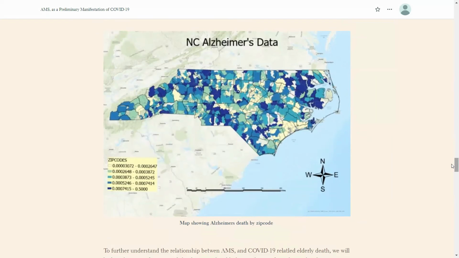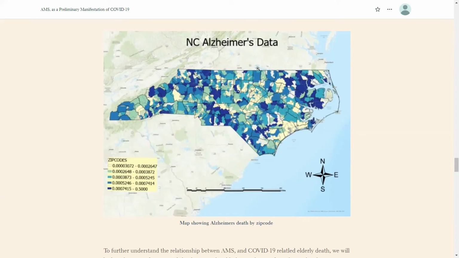Now, the legend shows the deep blue regions had the highest number of Alzheimer's deaths, followed by the light blue regions, and the lighter blue and the cream regions had less presentation. This is an indication that all counties in North Carolina have an elderly population.